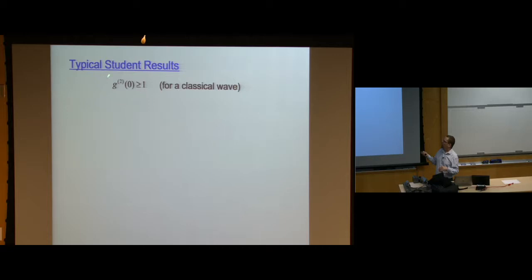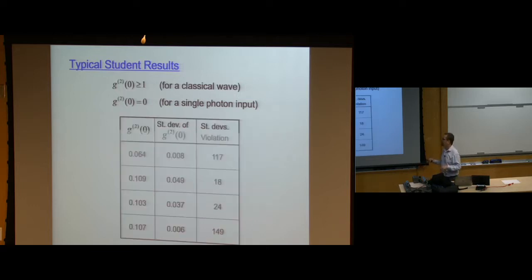But for classical waves, G2 has got to be greater than or equal to 1. Whereas if you have a true single photon input, you will get G2 equal to 0. Anything less than 1 is a sign of a quantum mechanical field that cannot be explained by classical electrodynamics. And here are some results from the teaching lab.